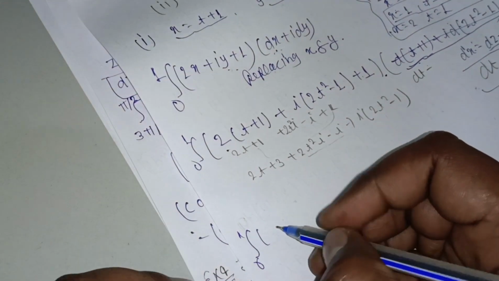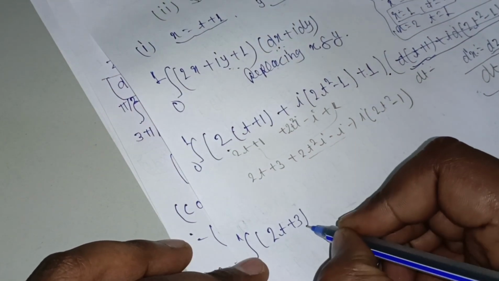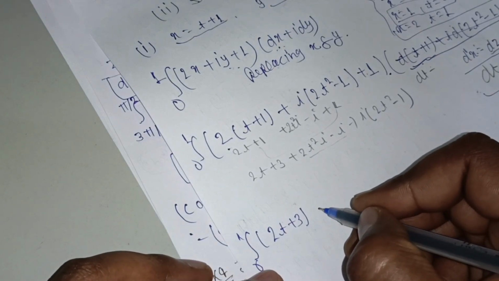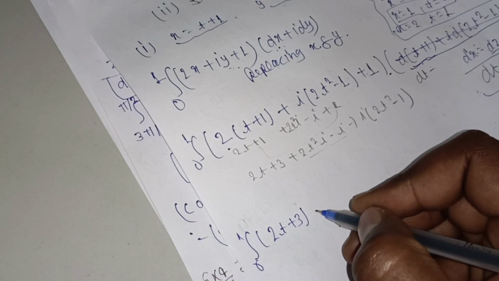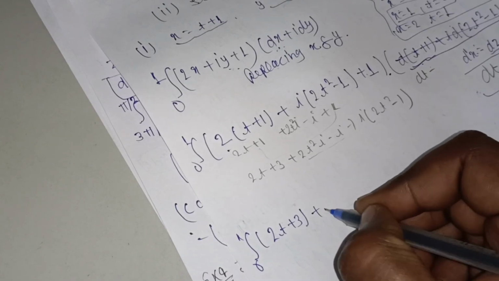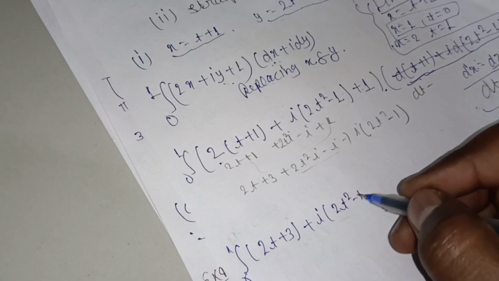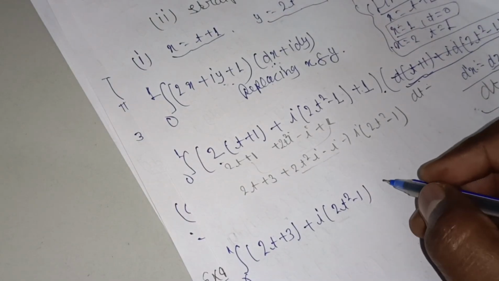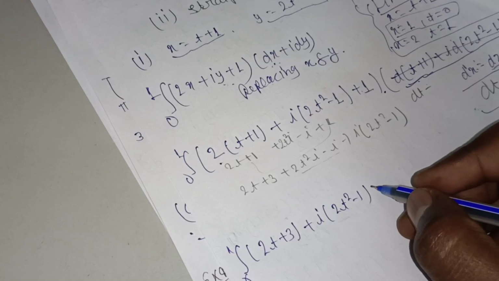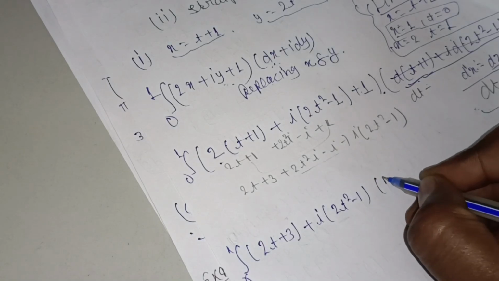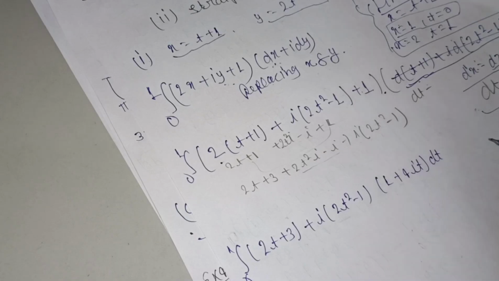So here will be finally 0 to 1, 2t plus 3 plus iota 2t square minus 1, and 1 plus 4 iota t dt.